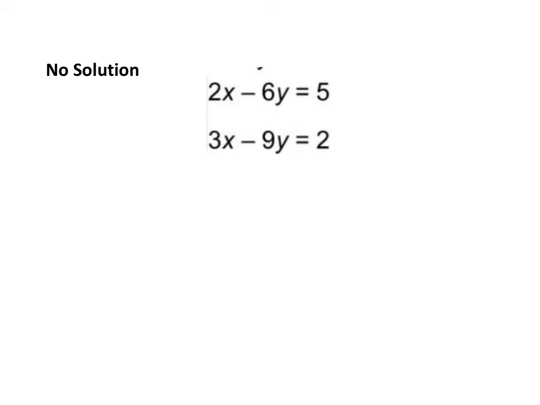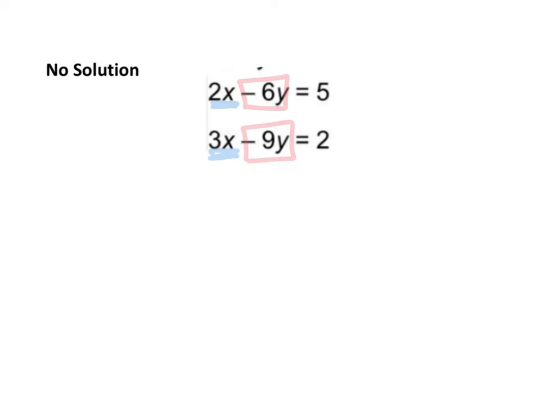What would it look like if there are no solutions and we were eliminating? Remember, our whole goal of elimination is to get rid of one of the variables, either x or y. So let's look at this equation and figure out which one might be easier to get rid of. I have a 2x and a 3x, and a negative 6y and a negative 9y.